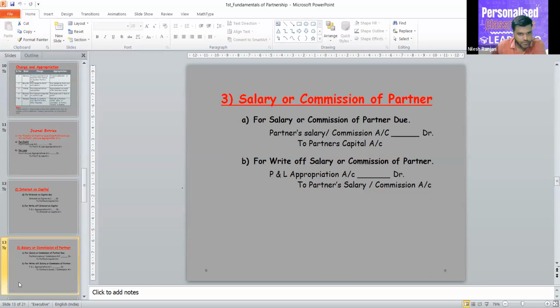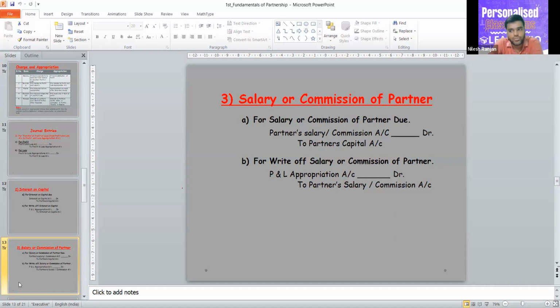Understood? Sir, debit means money is going from us, right? Debit means expenses for us, so money is going from us to the other person. Yes, but if it is a real account, then it means it is coming to us. In a real account, debit what comes in, credit what goes out.